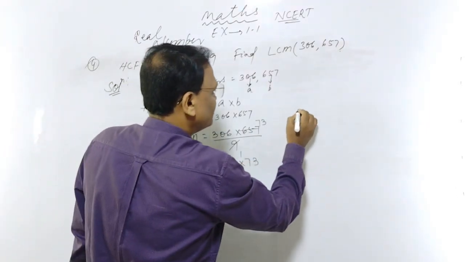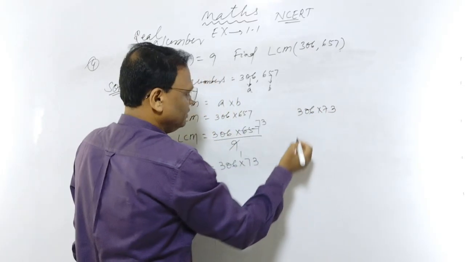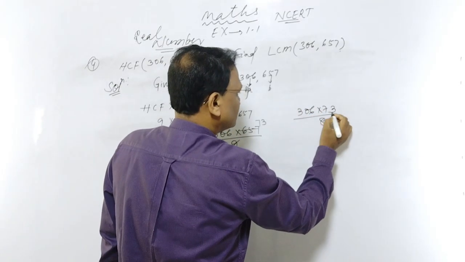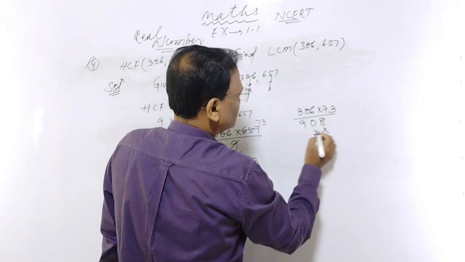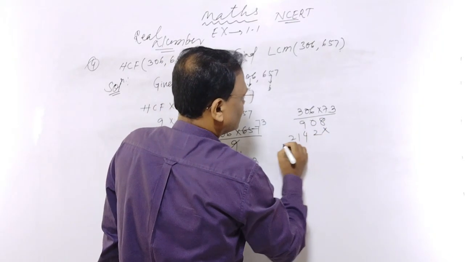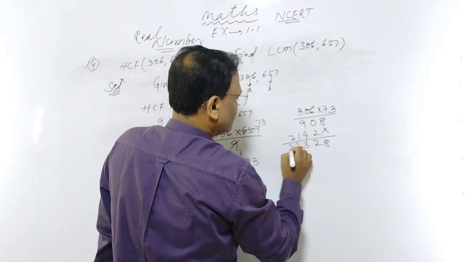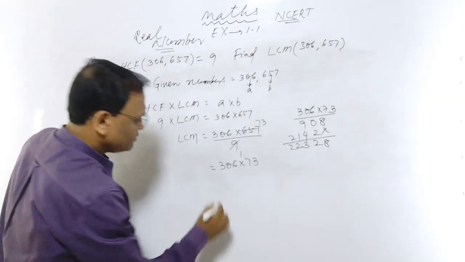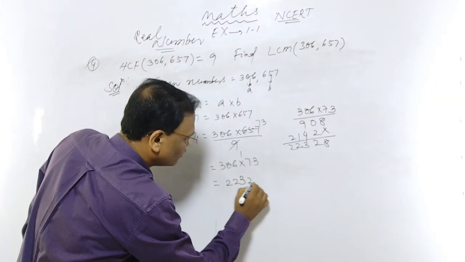If I multiply 306 into 73, this is the answer: 22328.